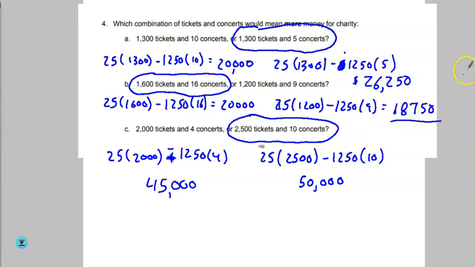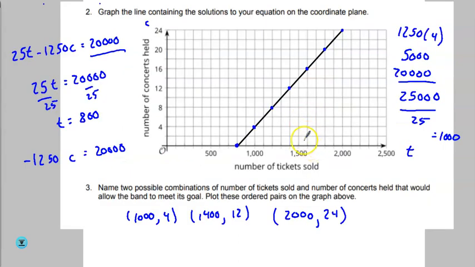But look at these back on your graph. If you look back at the graph, that first combination they gave you was 1,300 tickets. So 10, 11, 12, 1,300 tickets and 10 concerts, which is here. Actually changed to red.